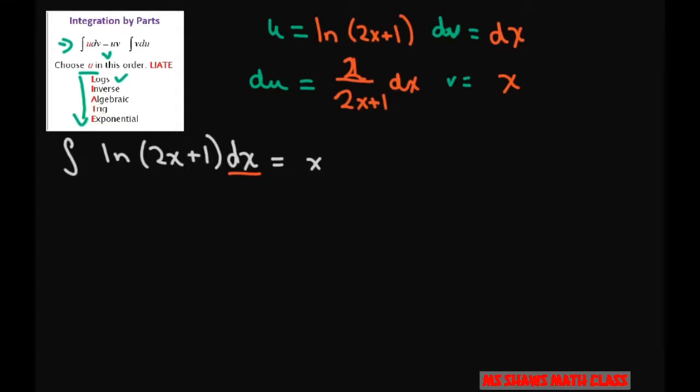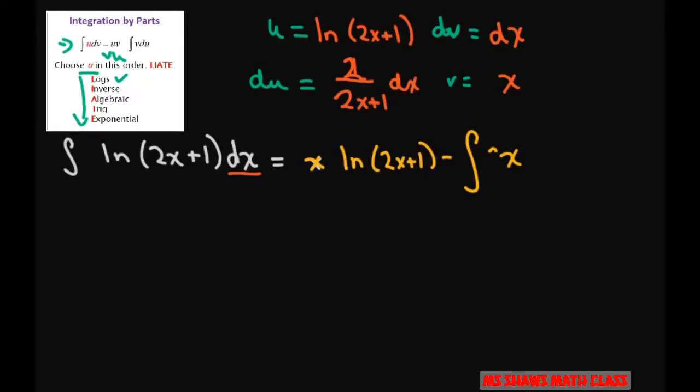So we get x times u, which is ln of 2x plus 1, minus the integral of v, which is x, times du, which is 2 over 2x plus 1.